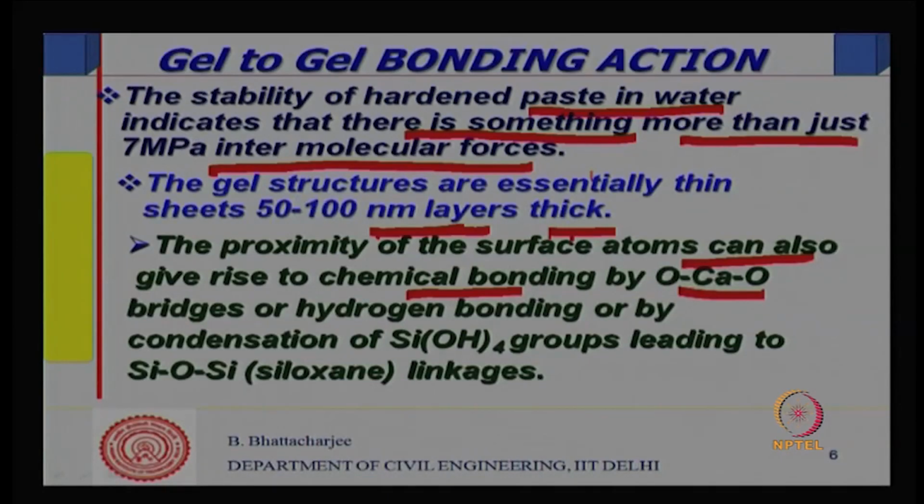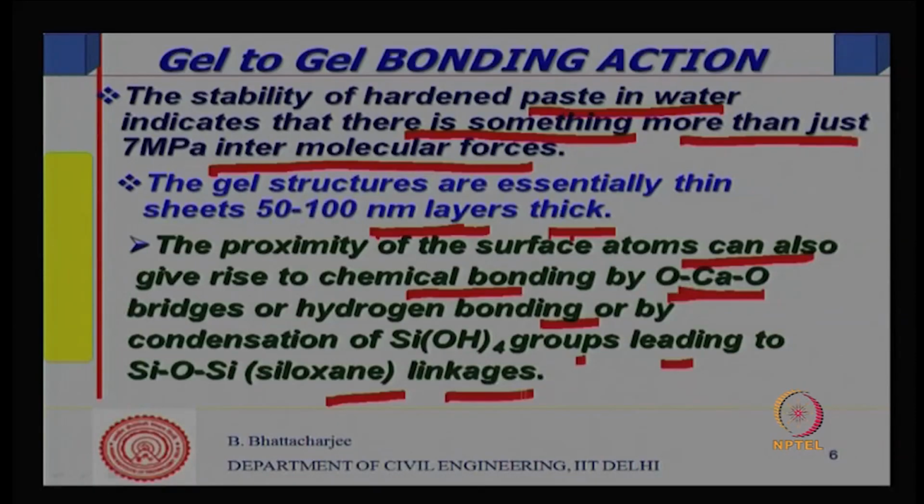One of the ideas suggested is that surface calcium, oxygen to oxygen bonding might be there between gel to gel sheets, because of the surface atoms, or hydrogen bonding, or condensation of silicon hydroxyl Si(OH)4 groups leading to Si-Si linkages.